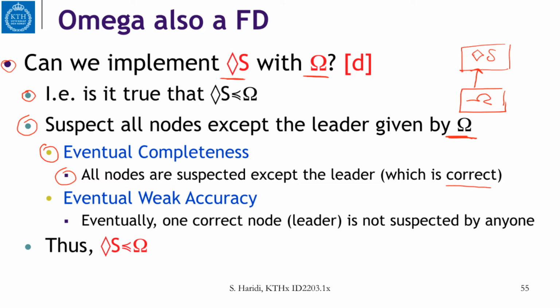You can suspect more nodes than necessary; completeness does not prevent that. More interestingly is the eventual weak accuracy. Eventually, one correct node, in this case the leader, is not suspected by anyone. And that is a correct implementation of eventual weak accuracy. Thus, diamond S is reducible to omega.